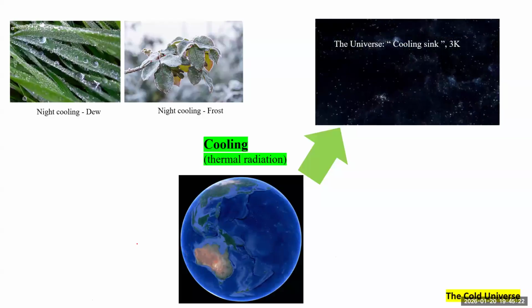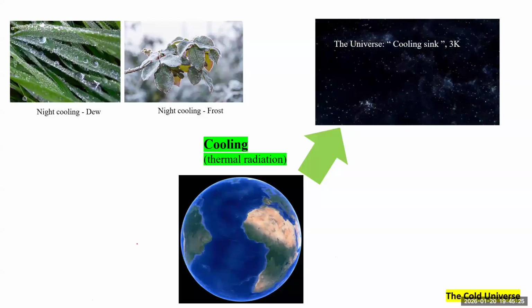So the leaf temperature can be lower than the dew point temperature and even the freezing point. We know this phenomenon is because of the cold universe. The universe is cold. There is heat transfer between the plant and the space beyond our buildings, beyond our Earth.